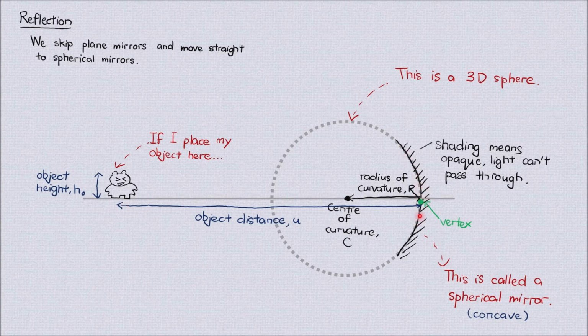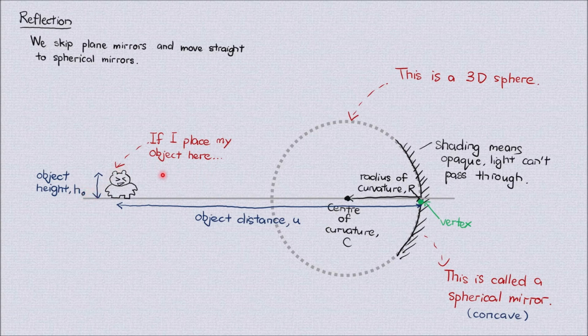The vertex of the mirror is the intersection between the optic axis and the mirror. The distance of the object from the vertex, we call the object distance, which we call u. The object here, we will label with its height, and we call the object height h_o, h subscript o representing object.